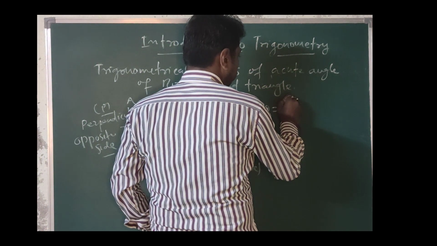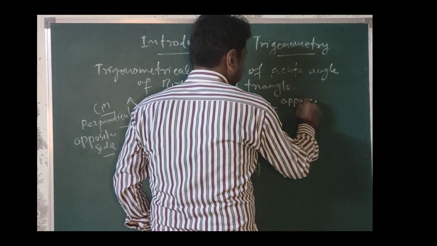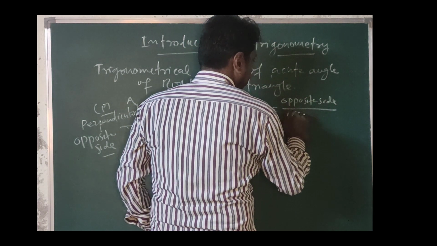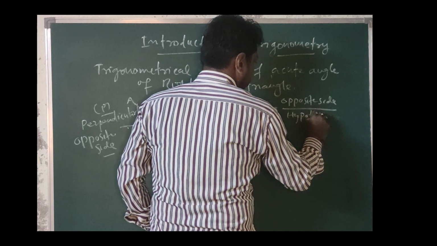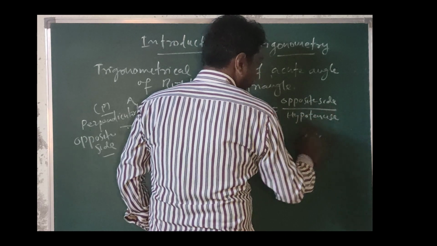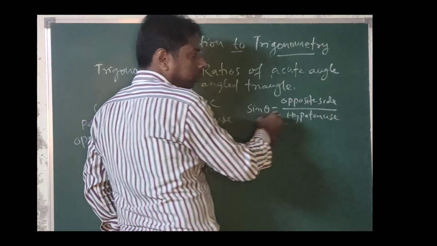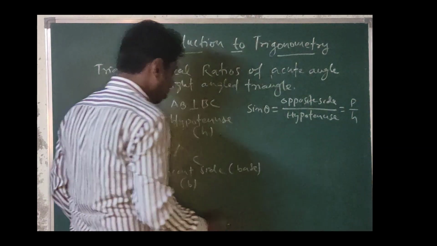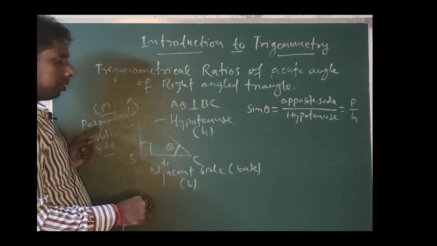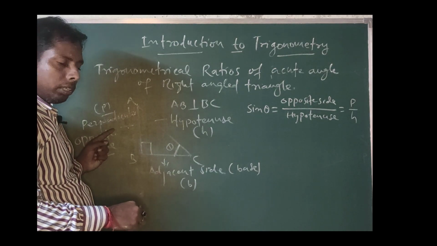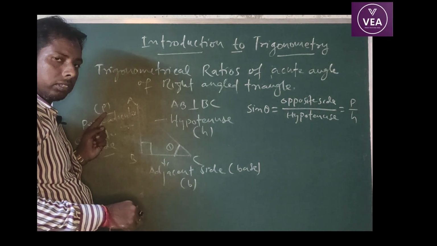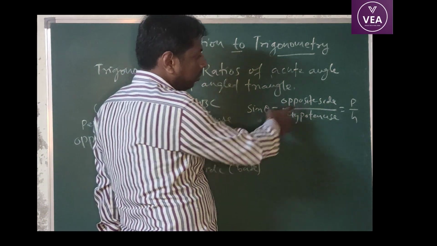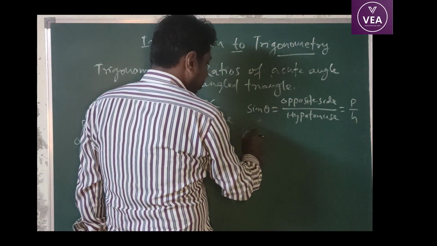Sine theta equals opposite side by hypotenuse. So the formula of sine theta will be P by H, because the opposite side is also known as the perpendicular, indicated by small p.